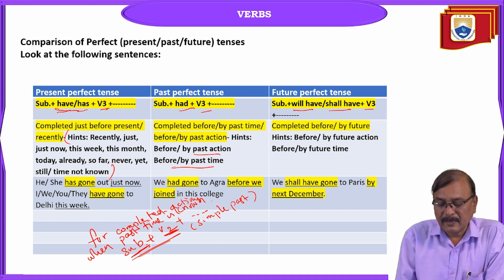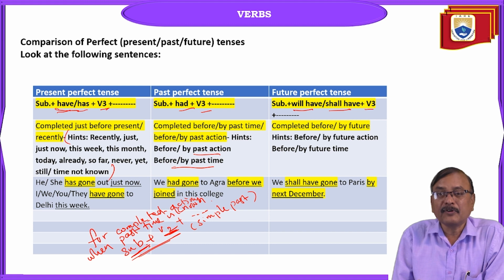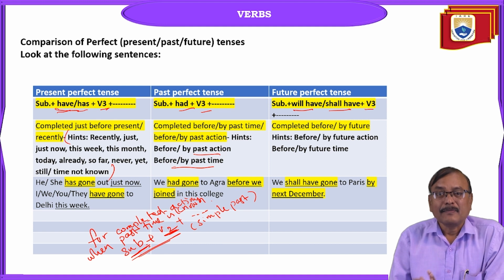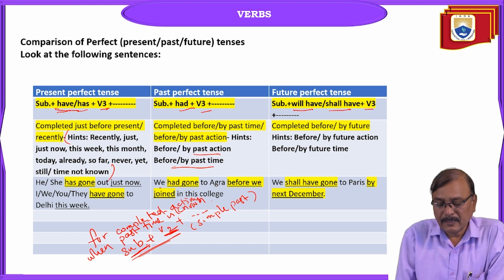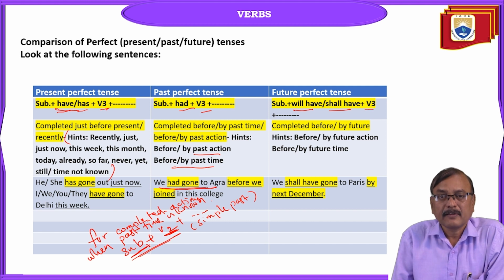Example: we had gone to Agra before we joined in this college. We joined in this college, this is past action. Before we joined means before past. We had gone to Agra is past in past. This is past in past.